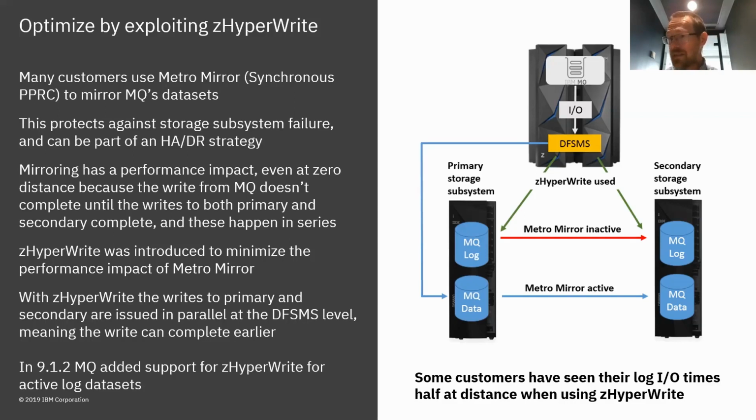And even in that case, where you've got an asymmetric setup, we are still seeing close to a halving of log IO latency, which is an entirely good thing if you want the benefits of disk mirroring, and why wouldn't you, but you're worried about the constraint on logging performance. So this is a really good capability, and I definitely recommend people have a look at it as you go on.